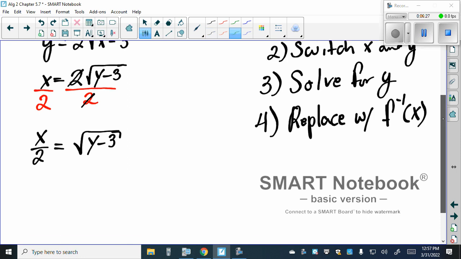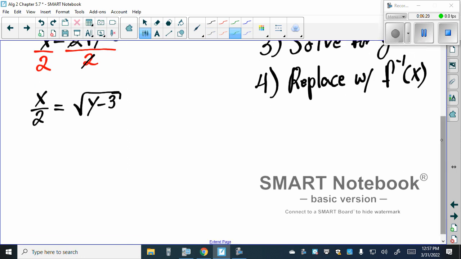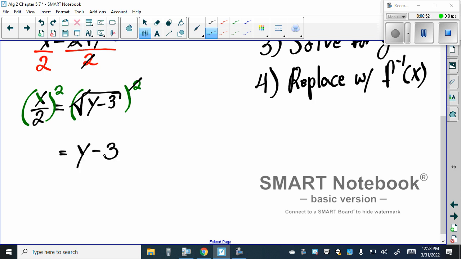Now what are we going to need to do next? We need to square both sides because we need to get rid of that radical. Now here the square root and square will cancel, telling us that we have y minus 3.